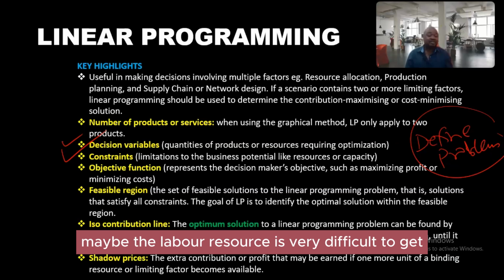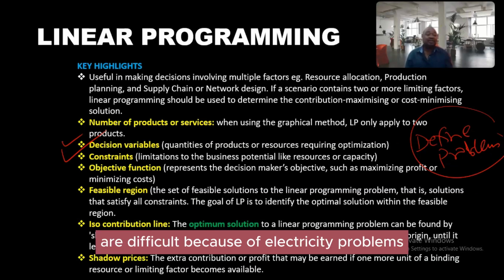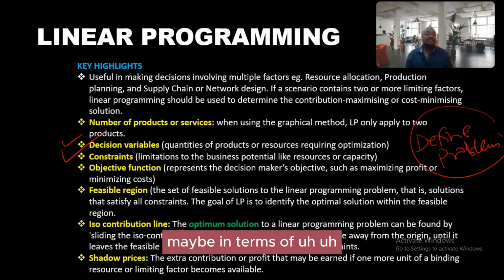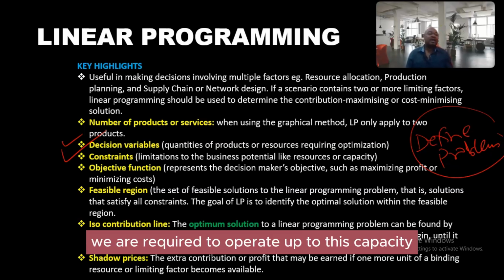Maybe the labor resource is very difficult to get, or maybe the machine hours are difficult because of electricity problems and so forth, or something that is linked to capacity, maybe in terms of the energy power, we cannot manufacture certain quantities, or maybe because of the legislation, we are required to operate up to this capacity and so forth.